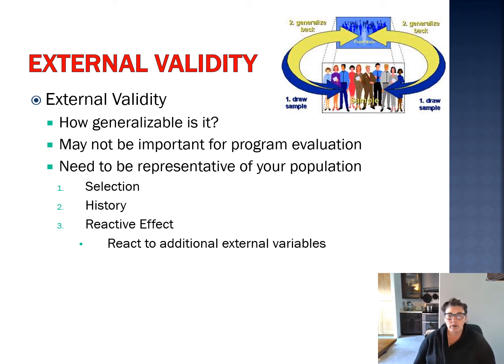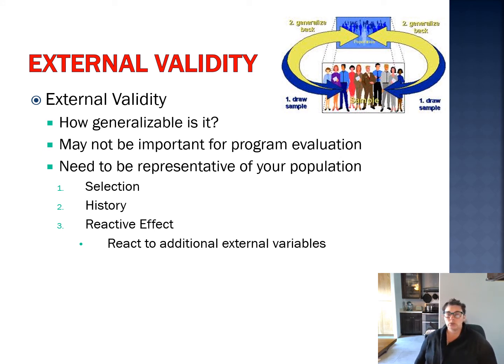If you are, however, wanting to find out something like how does the general population feel about becoming vaccinated, then you do need to take external validity into account. So you want to make sure that you are selecting as randomly as possible, and you're trying to represent the population as a whole.